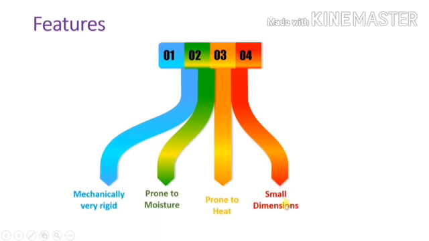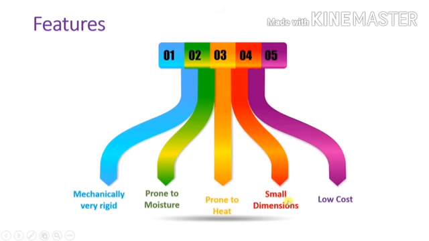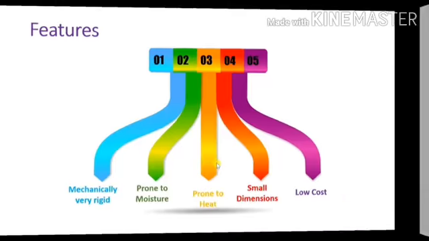It is having very small dimensions and it is of low cost. So mechanically it is rigid, prone to moisture, prone to heat, small dimensions are there, and it is a very low cost device. So we can use this for low cost applications.